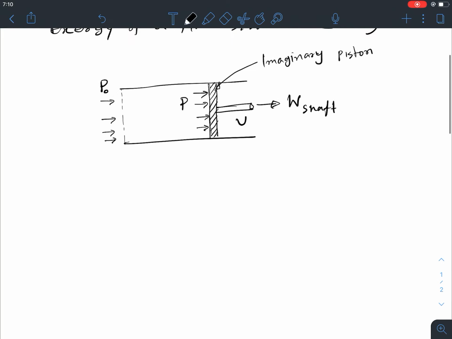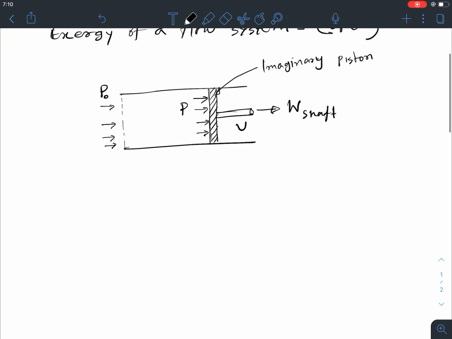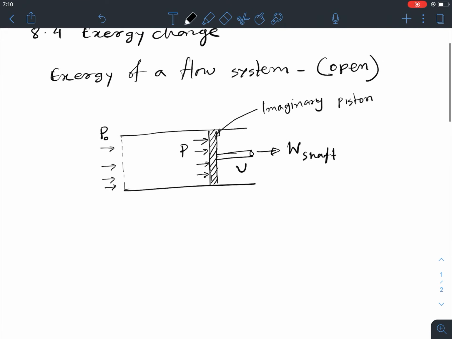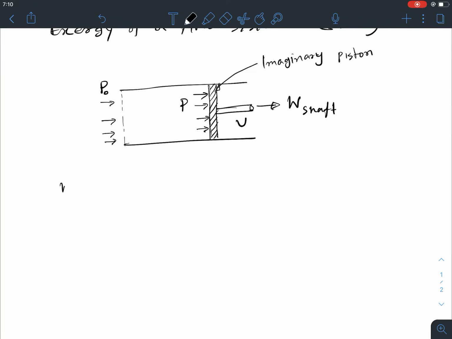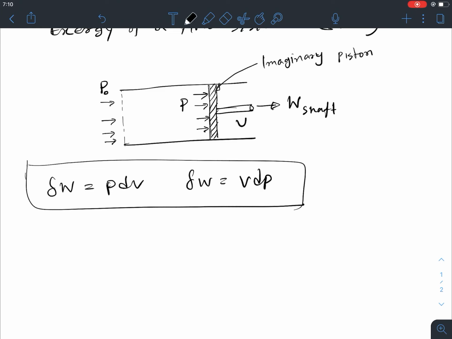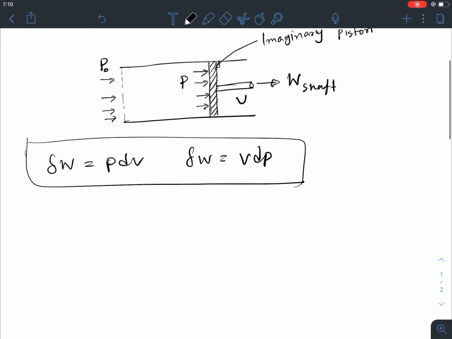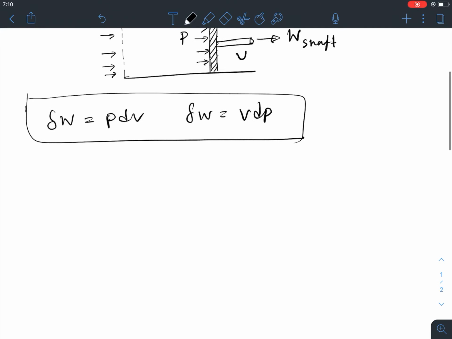In this case, what would be the W shaft, or the work done by this system? In previous classes we saw that for a closed system, the relationship is delta W equals P dV, and when the system is open, the relationship is delta W equals V dP. We saw this relationship in previous classes.